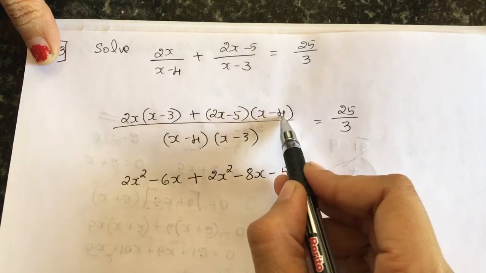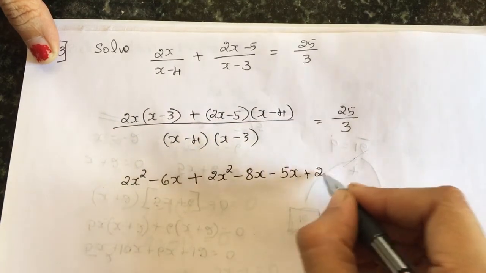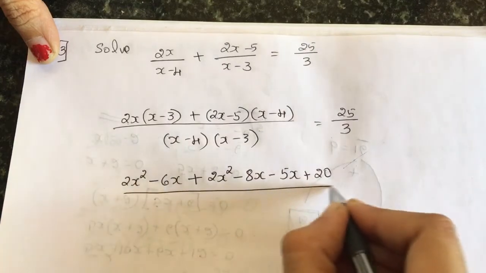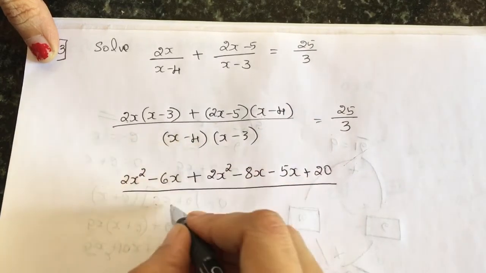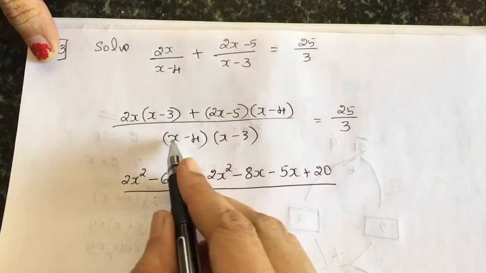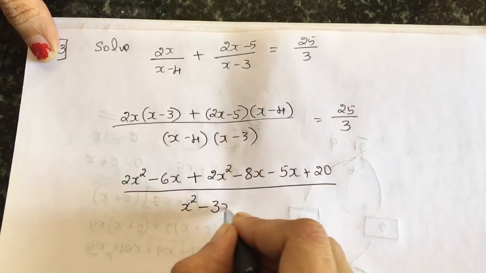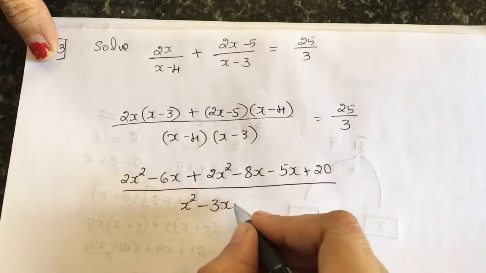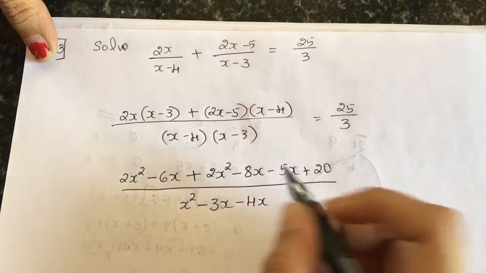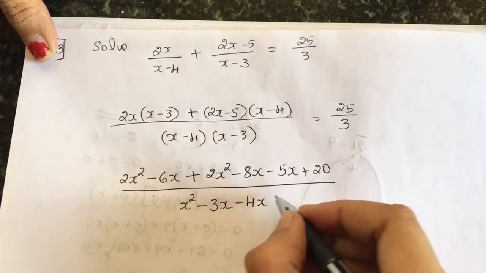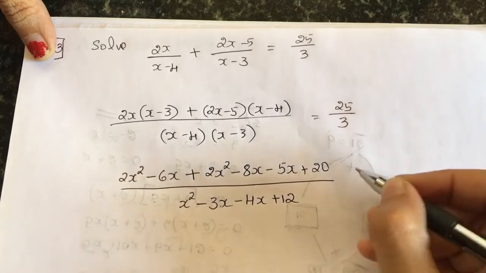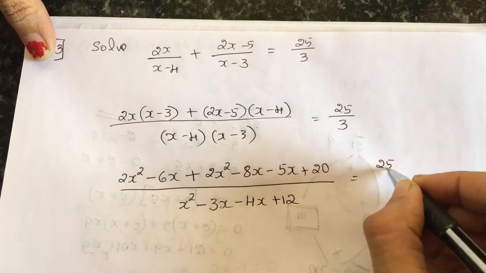Minus 5 into minus 4, so it's plus 20. Divided by this. X into x, x square. X into minus 3, minus 3x. Minus 4 into x is minus 4x. Minus 4 into minus 3, it's plus 12 equal to 25 by 3.